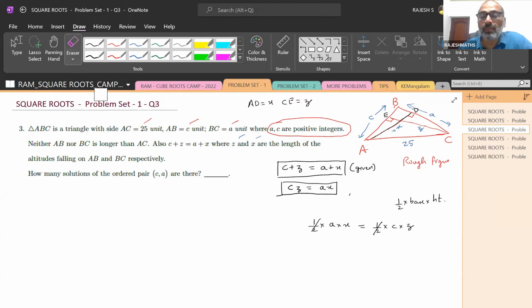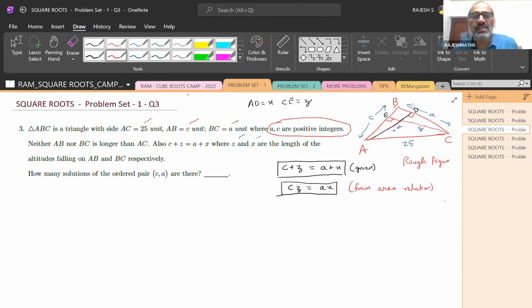Let me rub this. The top one is given. I have already explained. This is from area relation. So we got c plus Z equals a plus X and cZ is equal to aX. The sums of the side and the altitude on the side are equal for two of the bases, and the products are also equal.